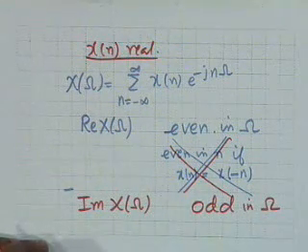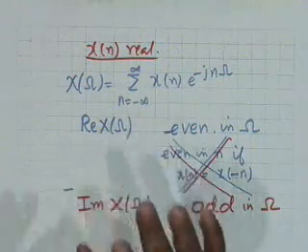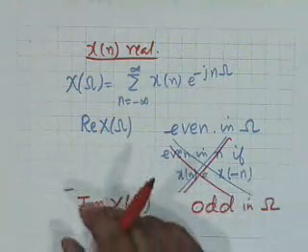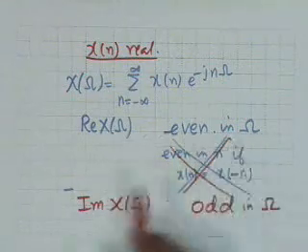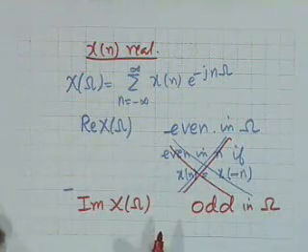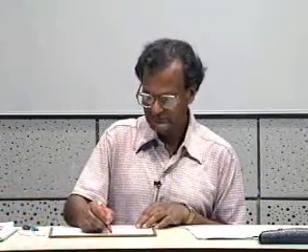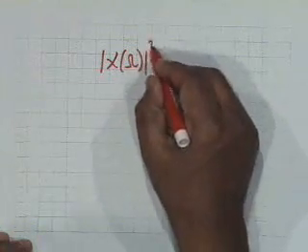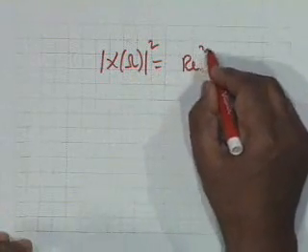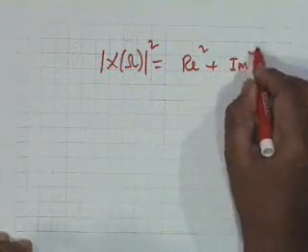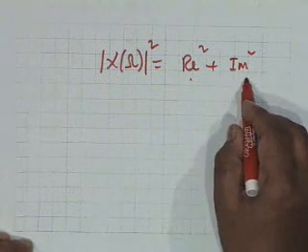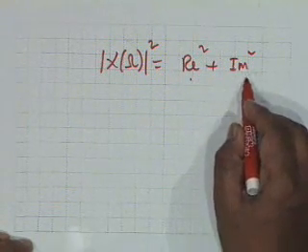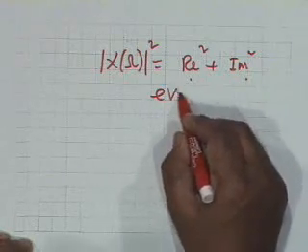Real part of it is exactly the same as in the continuous time domain. The real part of the spectrum is even and the imaginary part of the spectrum is odd. What can you say about the magnitude? Magnitude squared is real part squared plus imaginary part squared. Even squared is even, odd squared is also even, and even plus even is even, and therefore magnitude must be even.